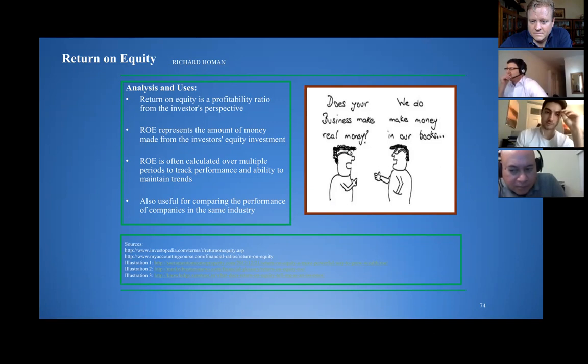If you have very high leverage, you can boost ROE very easily. So when we are comparing, as you correctly said, two different companies within the same industry, it's good to also see other ratios such as leverage ratios. That's one comment.